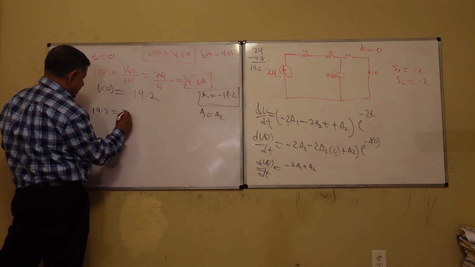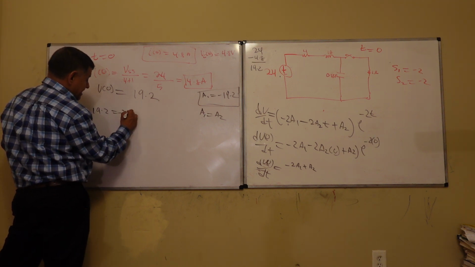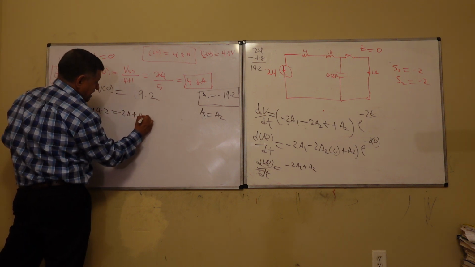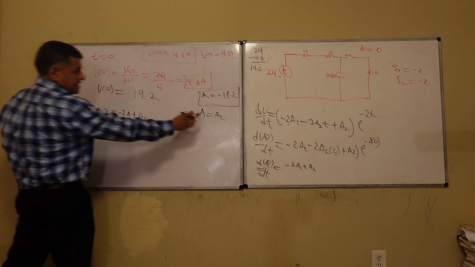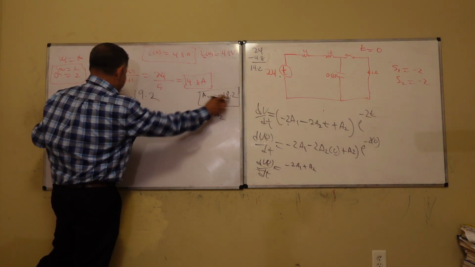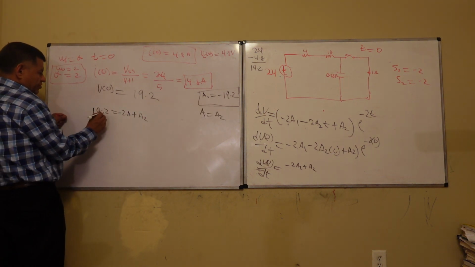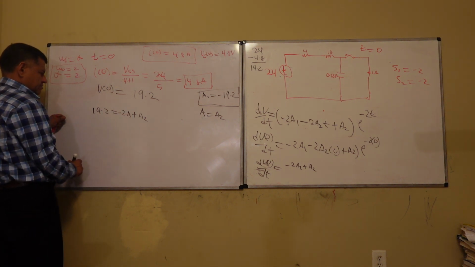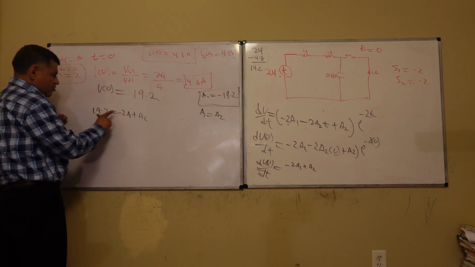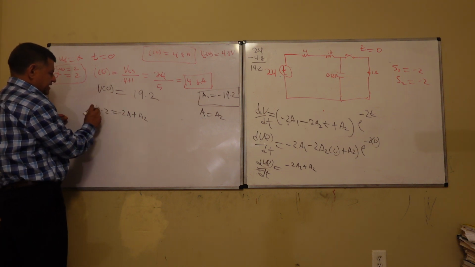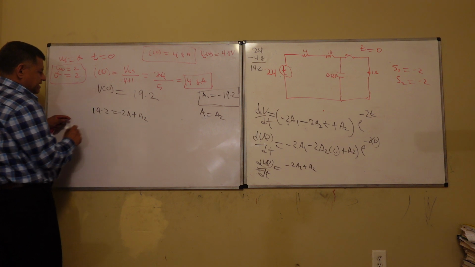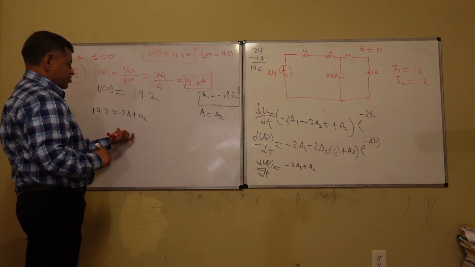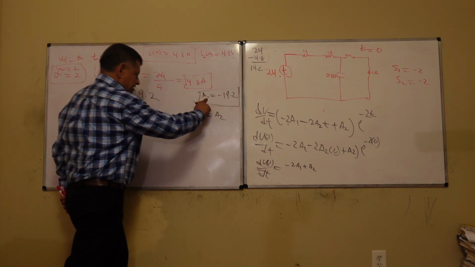Negative a1 was equal to 19.2 plus a2, right? And this guy right here was a negative. So what do we do now, right? So if we do this, this is negative. So now we know that a1 is equal to that guy, right?